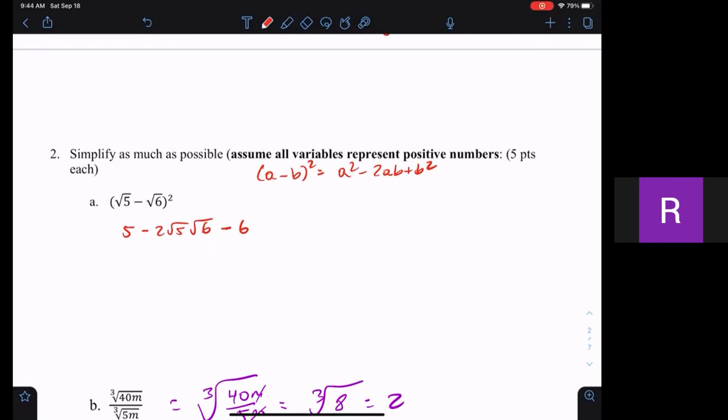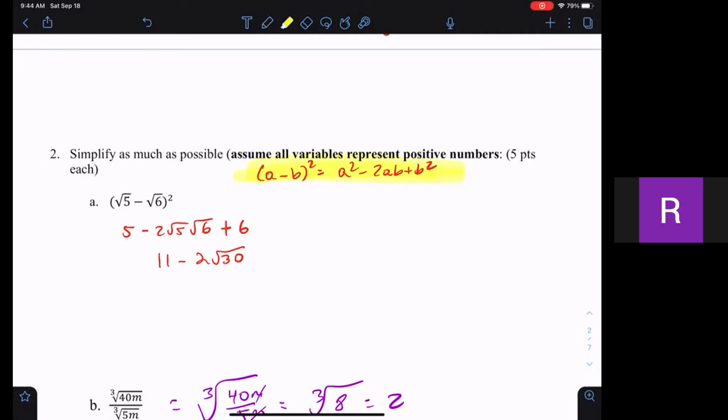Give me one second. That's 5 minus 2 root 5 root 6 plus 6. So this is going to be 11 minus 2 root 30, and I cannot simplify that further using this formula.